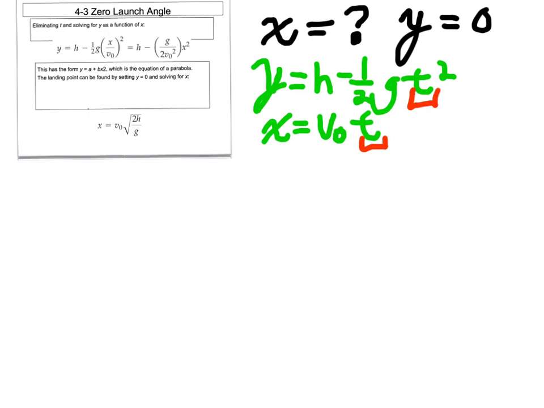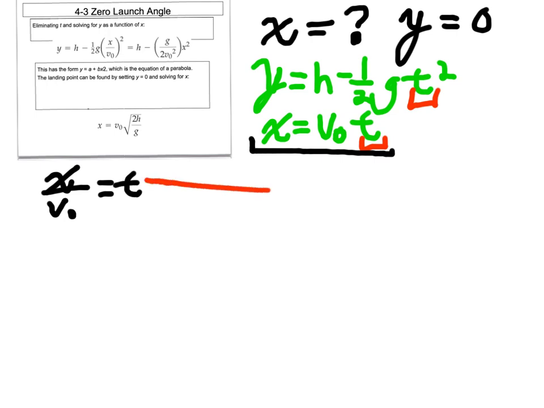To eliminate time, I'm going to do that by substitution. So I'm going to take the simplest equation, which is this one, and solve it for t. To do that, I divide by v naught on both sides, and I arrive at x over v naught equals t. And I'm going to take that t that I just found and plug it in for t in this equation.